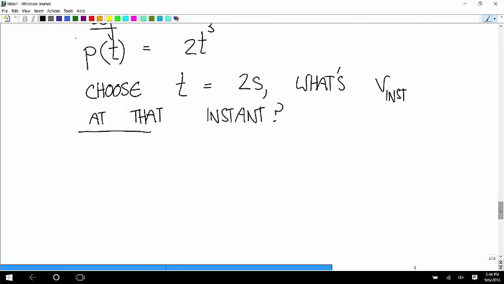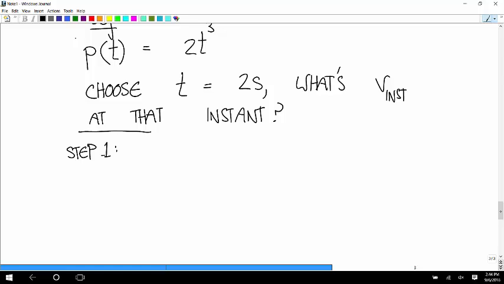Okay, well, I'm going to do this in a few steps. So step 1, what we're going to do to calculate the instantaneous velocity is choose 2 times, one that's a little less than that and one that's a little more than that, and we're going to calculate the average velocity.